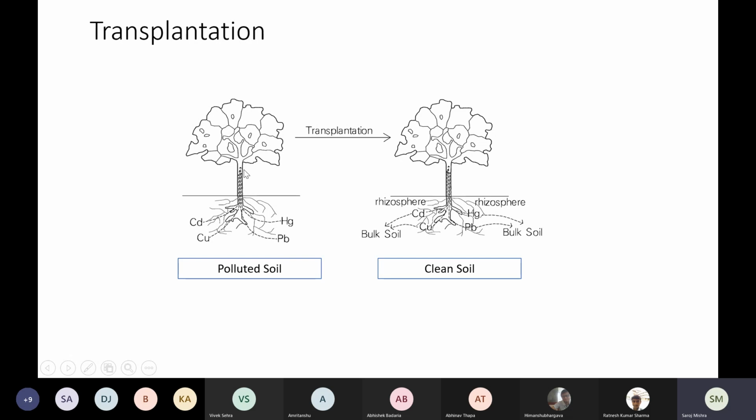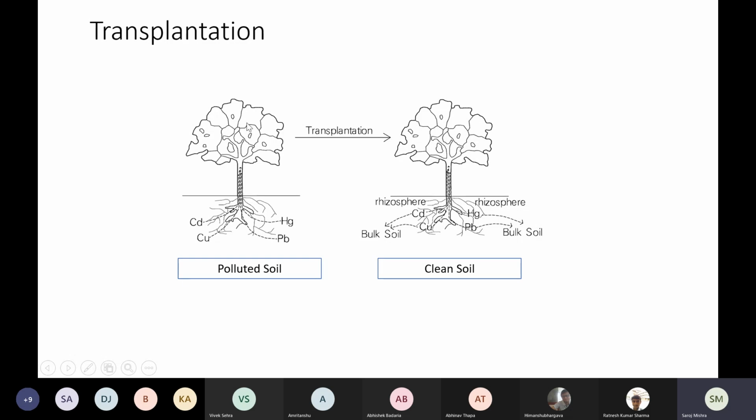The soil is going to be cleaned up, and this particular tree is taken and replanted in some other area, into a clean soil. Eventually, either it retains all of these heavy metals or it moves them into the biosphere. Then you measure the metal concentration in the bulk soil, in this clean soil, in the rhizosphere and in the plant parts. So in the polluted soil, initially you plant trees and allow the metals to be taken up by the plant, so this particular soil becomes clean.